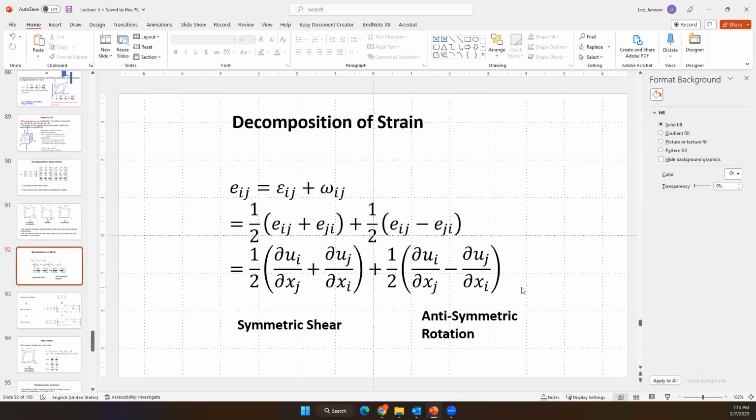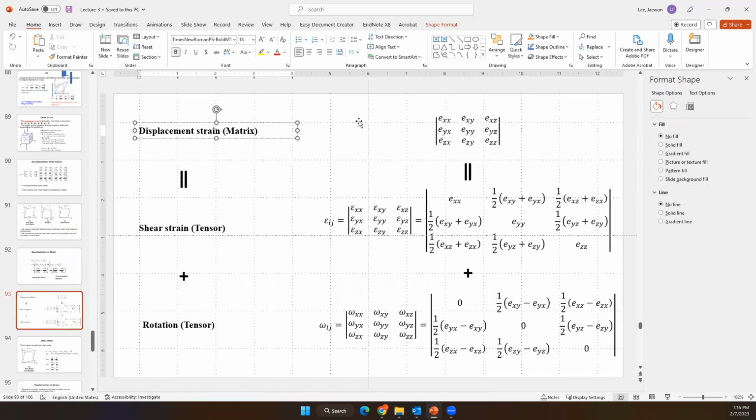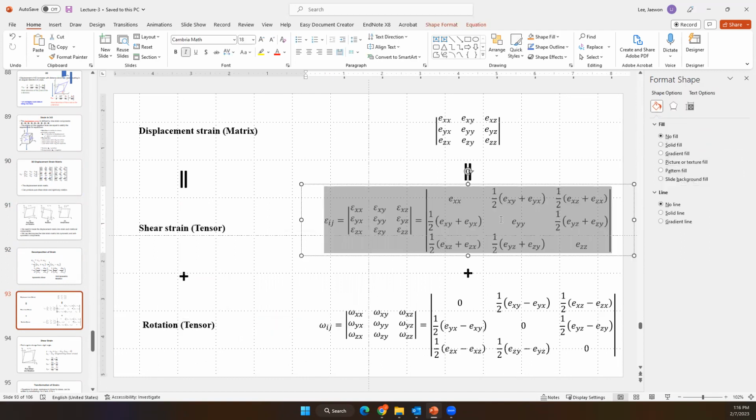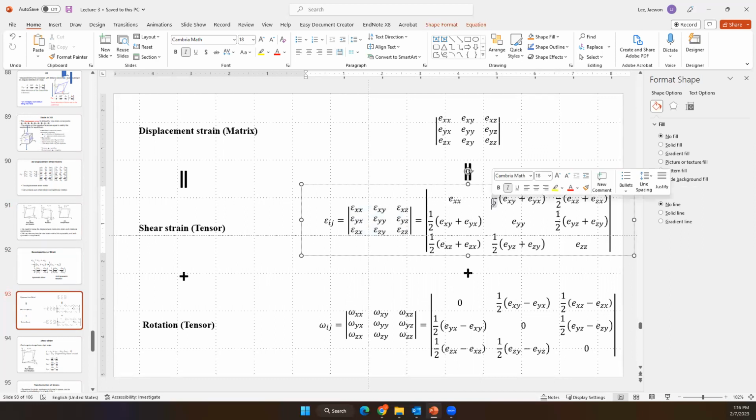And it could decompose some of the strain. So we can explain that the whole displacement strain is equal to the shear strain tensor plus the rotation tensor. The shear strain tensor could be explained like that: EXX, EXY, EXZ, with half of EXY plus EYX, half of EXZ plus EZX.